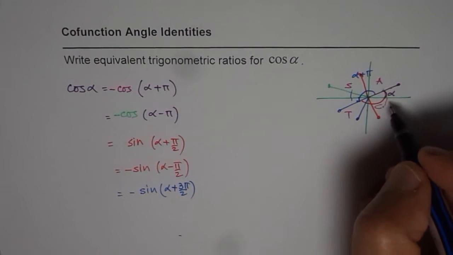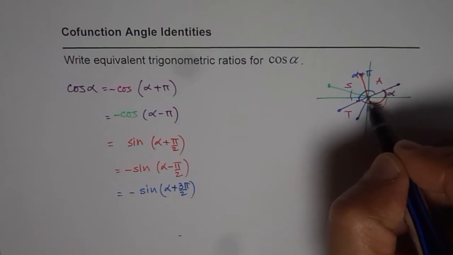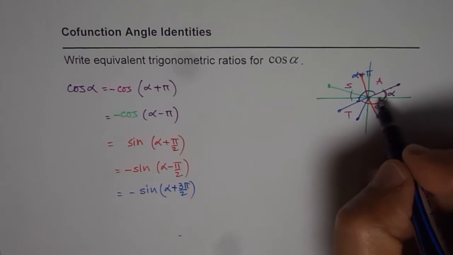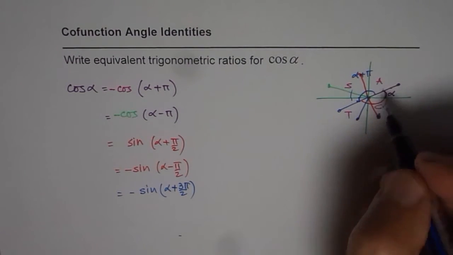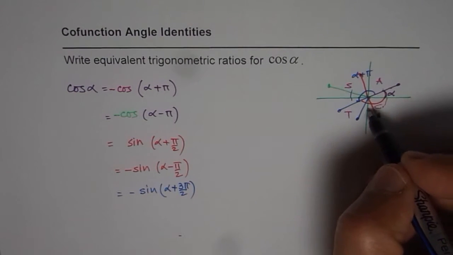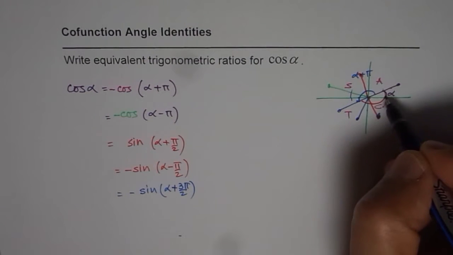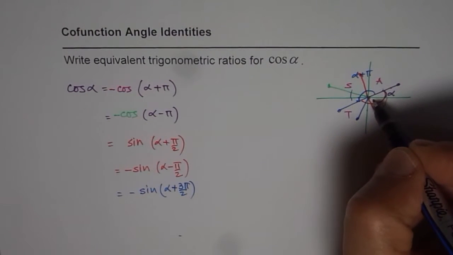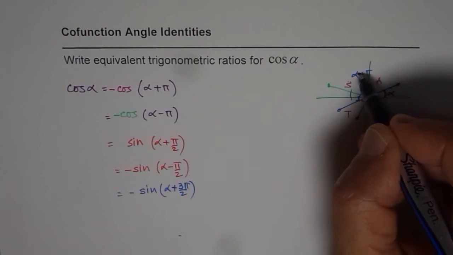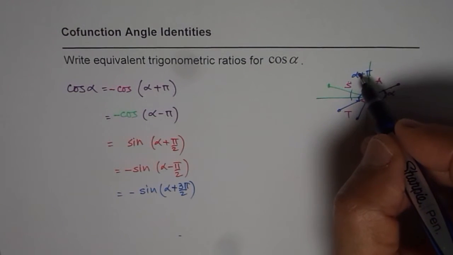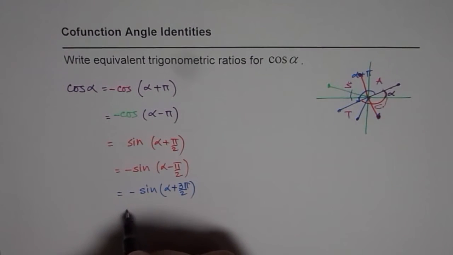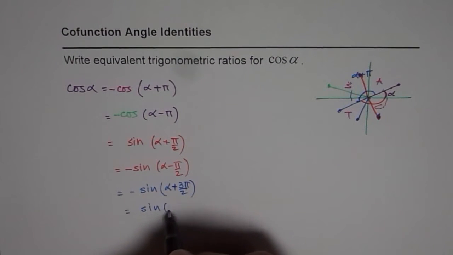Now if I do alpha minus 3 pi by 2, in that case we are going to land where? This is alpha, so we have to move 3 pi by 2, so we land in this quadrant at this position, correct? So that is minus 3 pi by 2. Sine is positive here, so it is going to be sine of alpha minus 3 pi by 2.